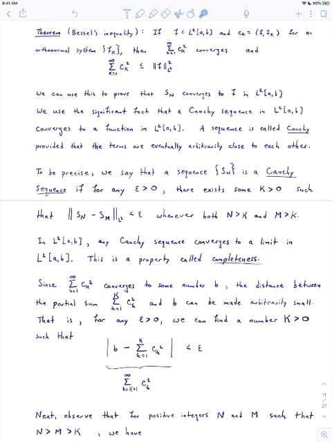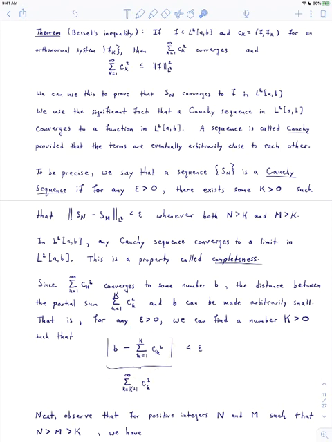Now, since we know that this infinite series converges to some number b, that means the distance between this partial sum, the sum k equals 1 to capital K of ck squared, and b can be made arbitrarily small. So that is, for any epsilon, we can find some number capital K such that this difference is less than epsilon.